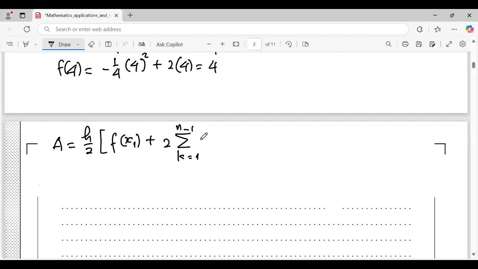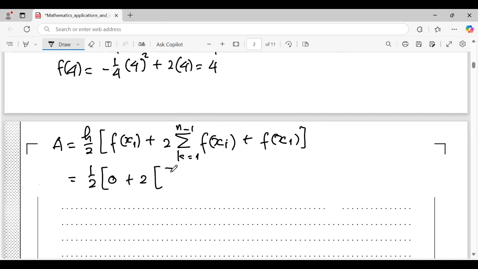So the function f(xi) plus function f(xn). So it means h is 1, 1/2 times 0 plus 2 multiplied by 7/4 plus 3 plus 15/4. And then plus 4 because f(xn) equals 4.